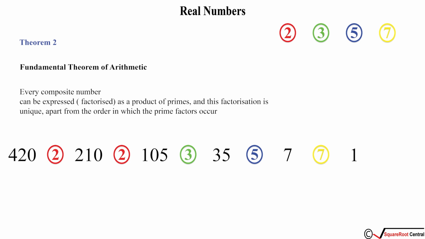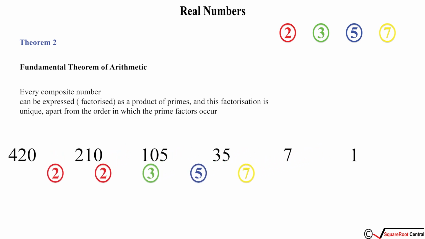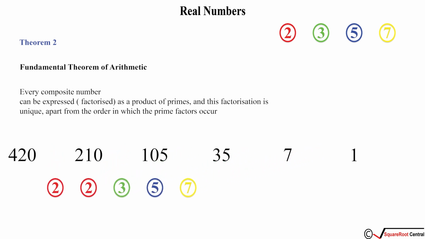Now 210 multiplied by 2 is 420. So you divide 420 once again by the number 2, which is our prime factor, and that's what you get. So you can factorize 420 as you can see on the screen. Now once again, 420 can also be written as 2 multiplied by 2 multiplied by 3 multiplied by 5 multiplied by 7.